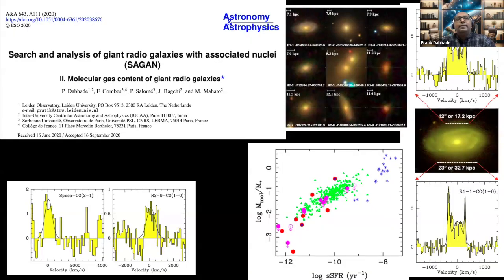So, like I said, we also wanted to study the fueling properties, the AGN fueling property, what is the fraction of cold molecular gas, and we found evidence only in two sources where CO, cold molecular gas, was detected. But those two galaxies were biased because they were spirals.